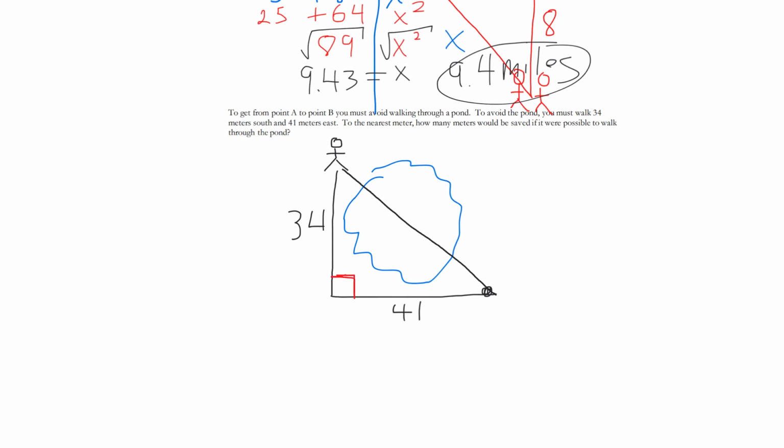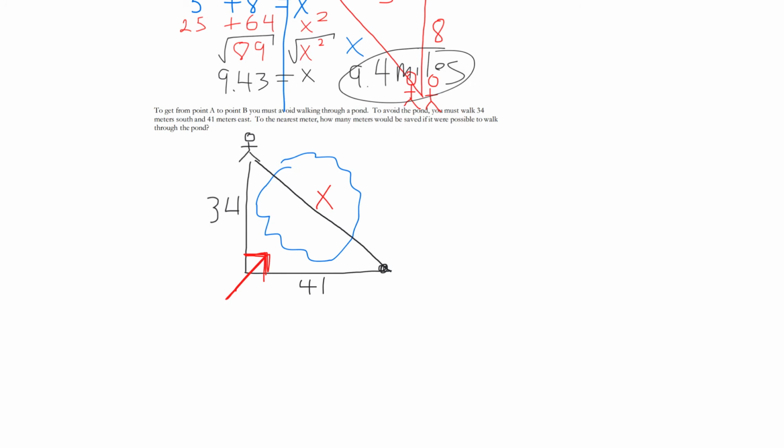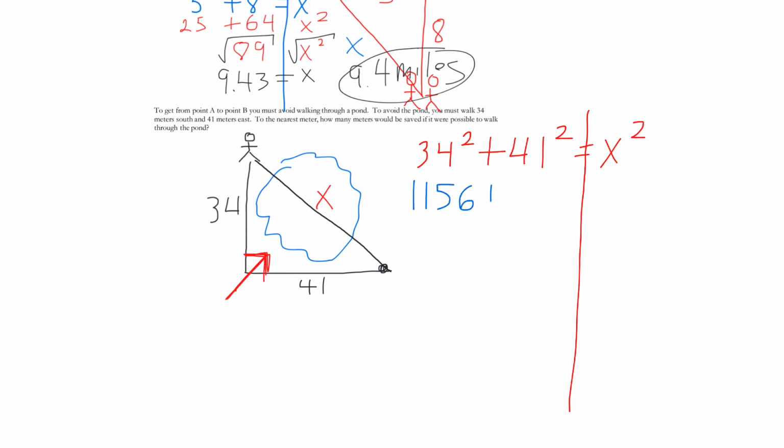All right, so here's the right angle again. So which one is the C? Is the X. So we have 34 squared plus 41 squared equals x squared. What's 34 squared? 1156. What's 41 squared? 1681.